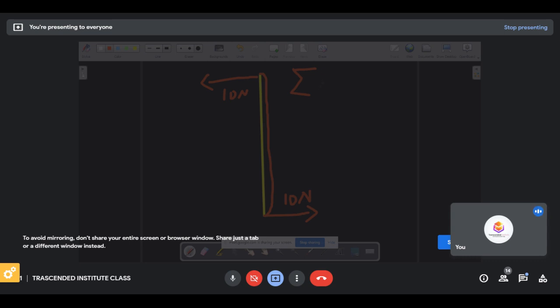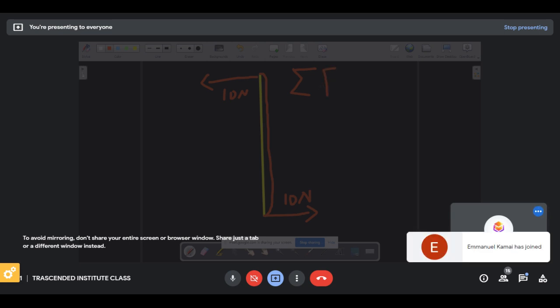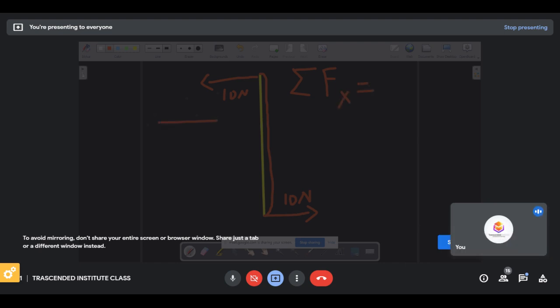Summation of forces in the x direction: let's consider the left side direction to be negative, so it will be negative 10 plus 10. What do we have? 0.